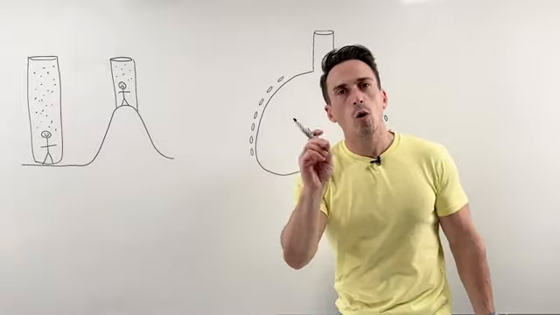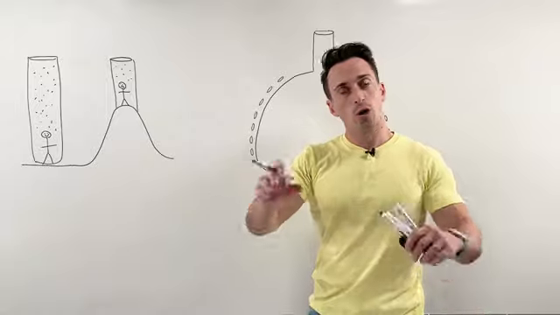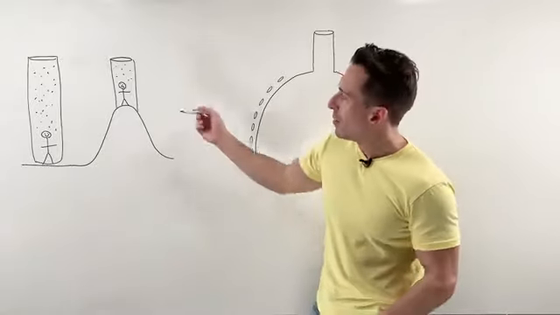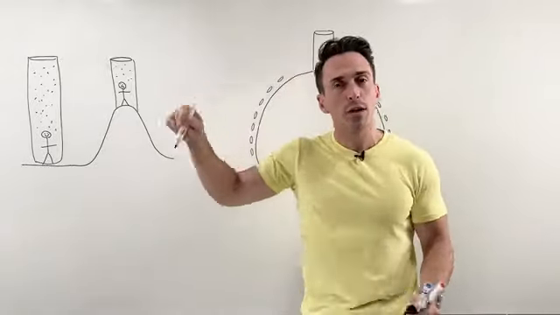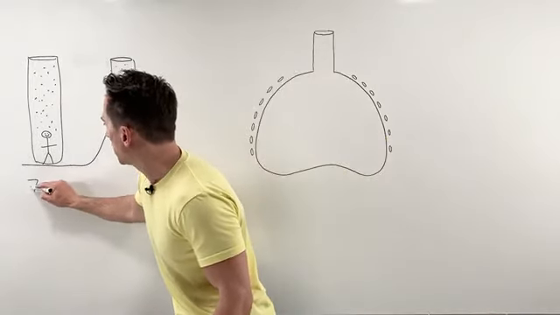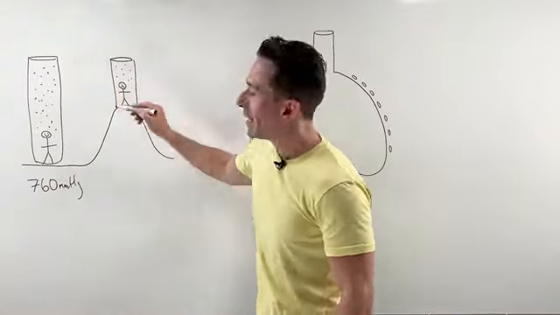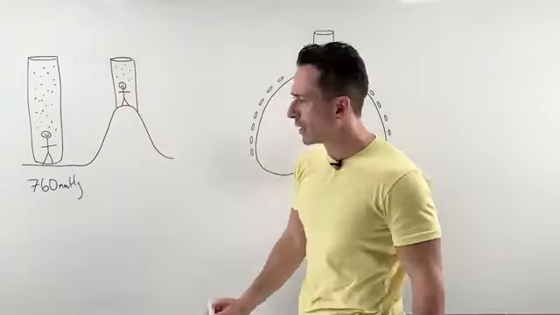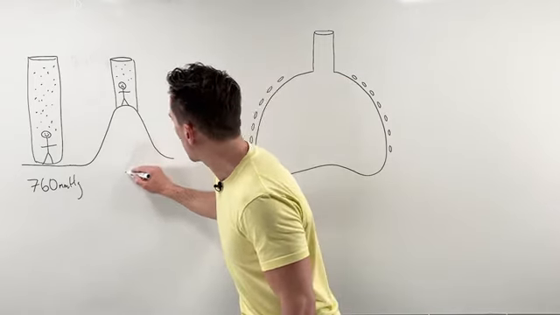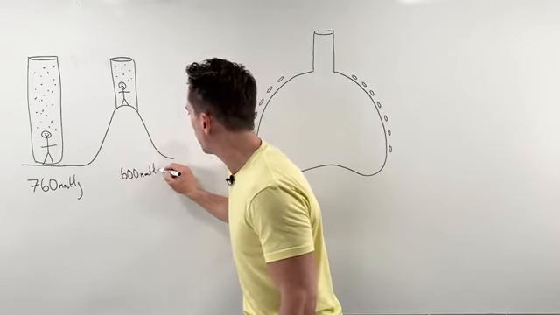Remember, pressure is the force that these gas molecules place on the walls of a tube, for example. Because there's fewer gas molecules, the pressure is going to be lower. So here at sea level, it might be 760 millimeters of mercury, but up here, it might be significantly lower. It might be something like, let's say, 600 millimeters of mercury.